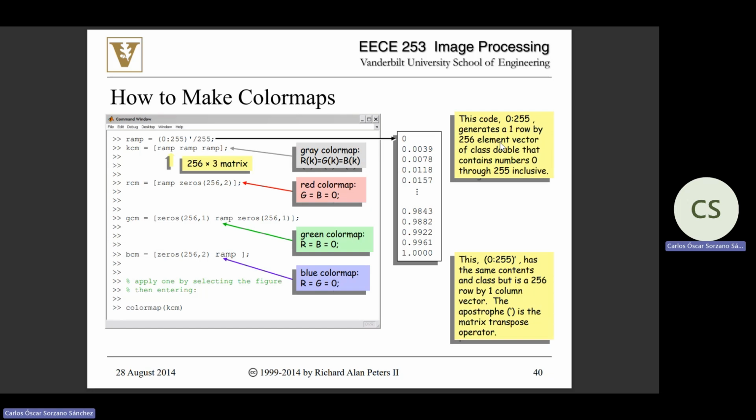So this color map, in which the 3 numbers are the same, will be a gray color map. So actually gray images have this property. So the red, green, and blue channel, they have exactly the same value. And this color map, all of them will be red because the green and blue channels, they are zero.